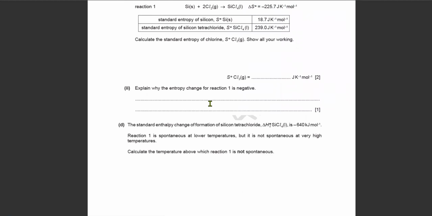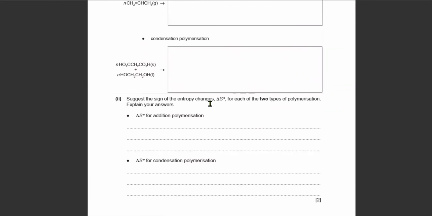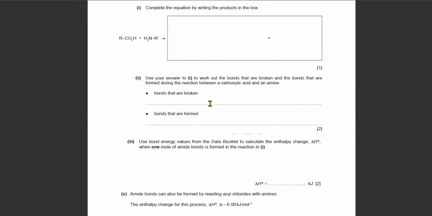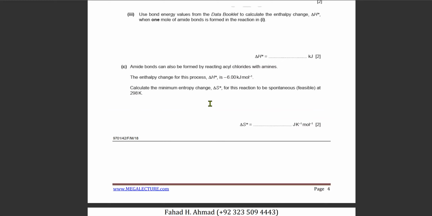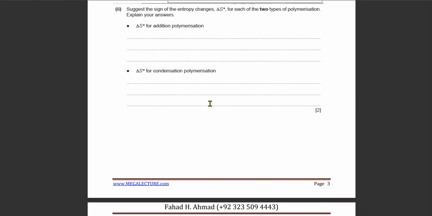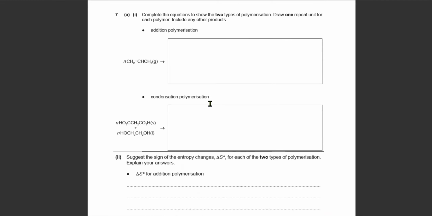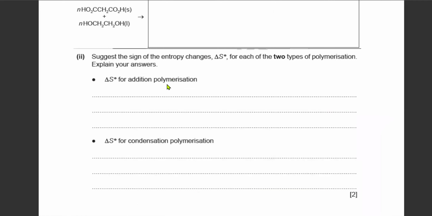So I'm just going to look at where the questions are on delta S. For example, this one is a difficult question, but probably they're asking what would happen if addition polymerization is happening, right?